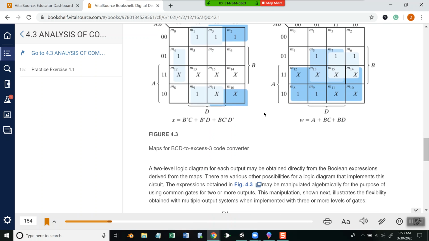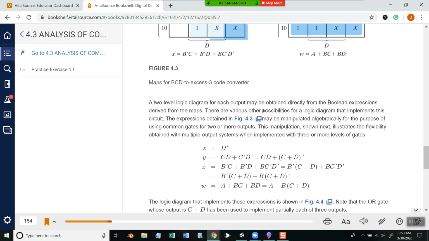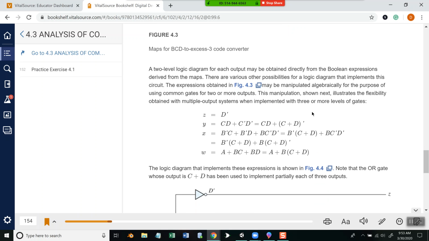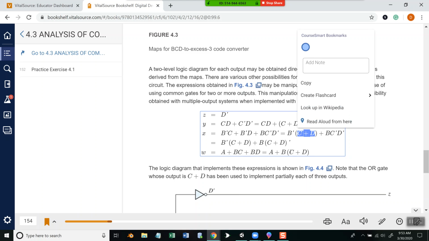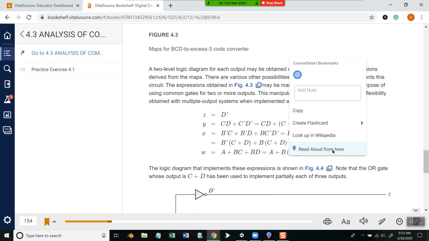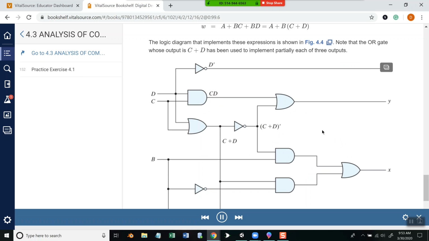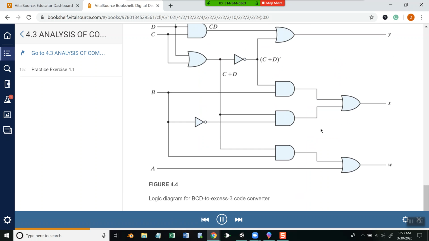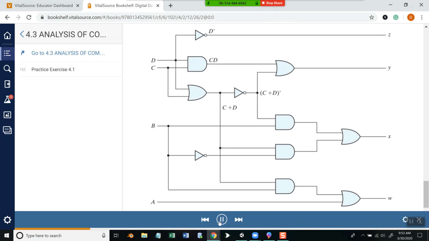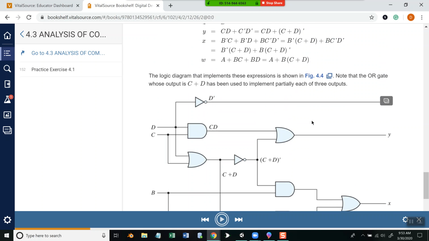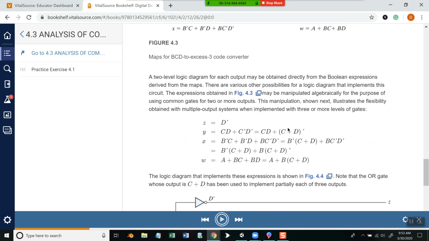Probably wouldn't have noticed that myself. But then again, I'm not going to design electronic devices. They reused it. See here, C plus D. And down here is C plus D. And it had C plus D here.